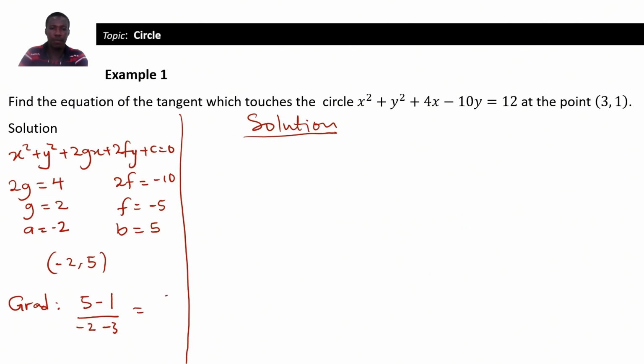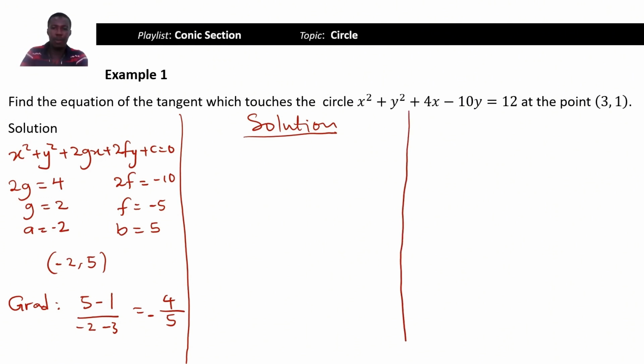This will give me 4 divided by negative 5. So that will be my gradient. Now, if a line is perpendicular to the radius, then its gradient will be positive 5 over 4. That is the negative inverse.